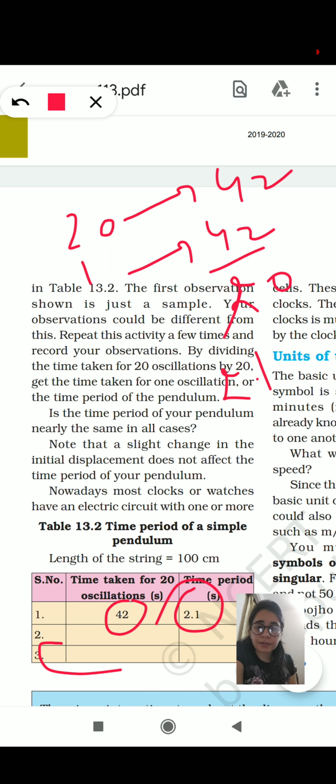Then we have studied the definition of speed. Speed is total distance traveled by total time taken, which we call more accurately average speed. The units of average speed are kilometers per hour or meter per second, that is, unit of distance divided by unit of time.